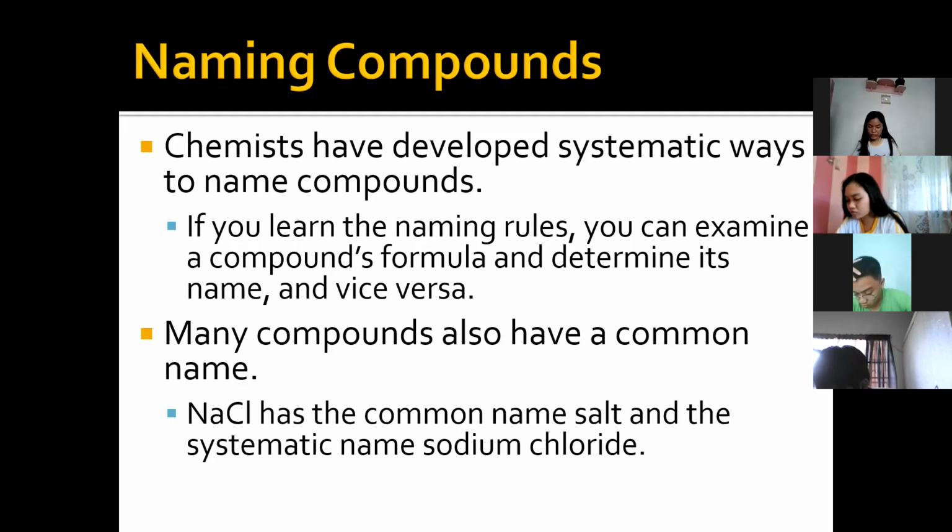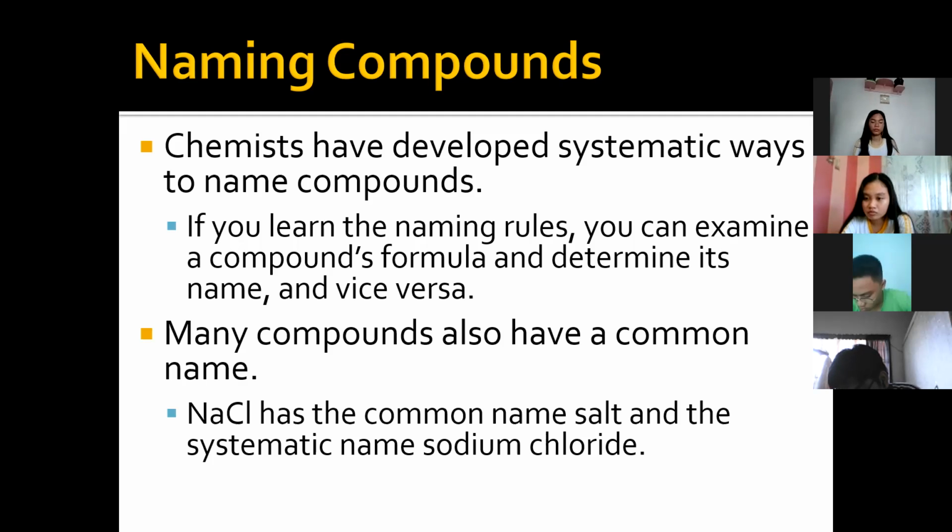The system of naming for binary compounds is as follows. The positive ion is named first, and you're going to use the full name of the element of that positive ion. Rule number 2, for the negative ion or the second element, you're going to name the element with an -ide ending.